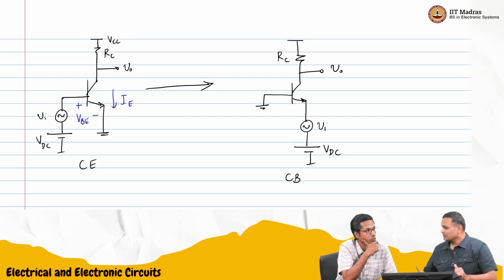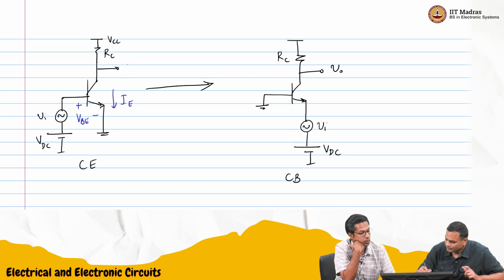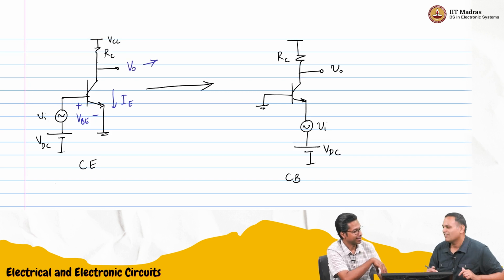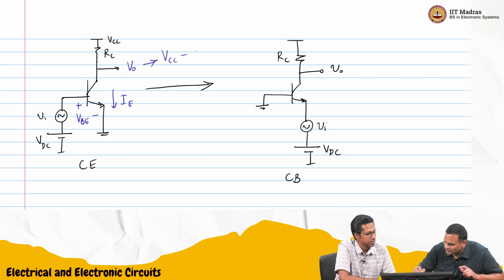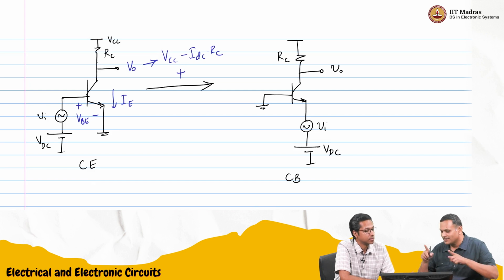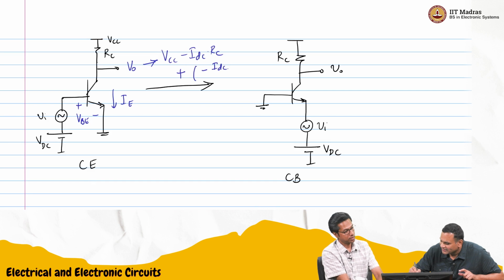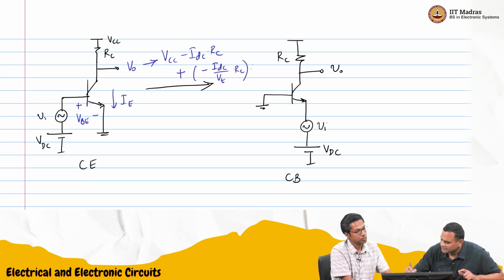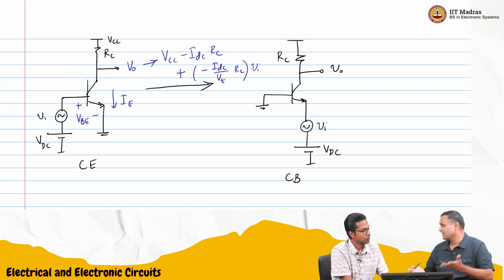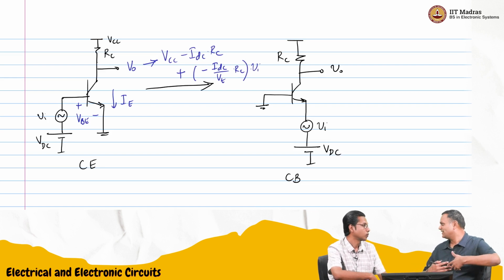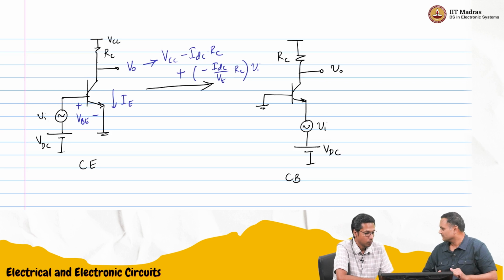The first term gave us the DC value, which we were not so interested in. All it gave was VCC minus IDC times RC. Then it gave us the small signal portion, which ended up being minus IDC by VT times RC times VI. That was the first term, and we neglected the other terms.